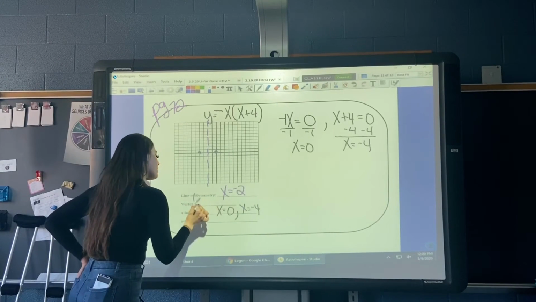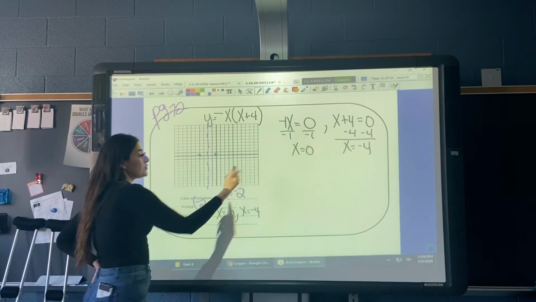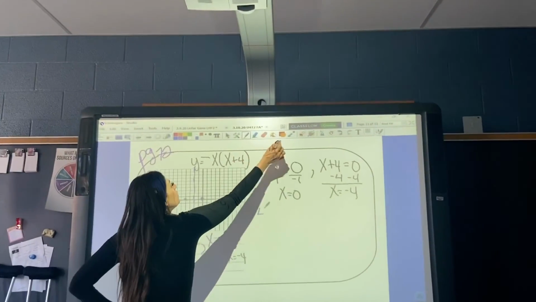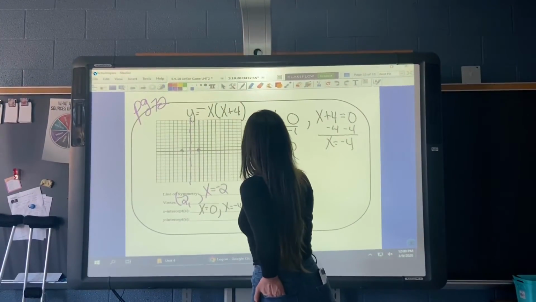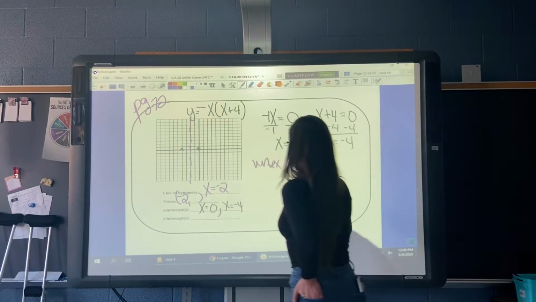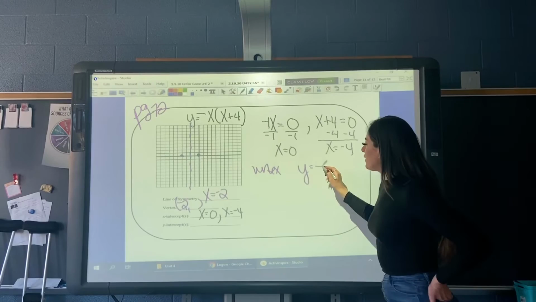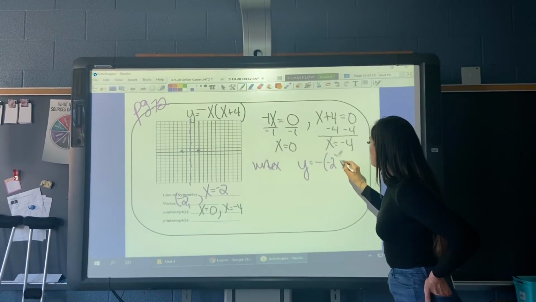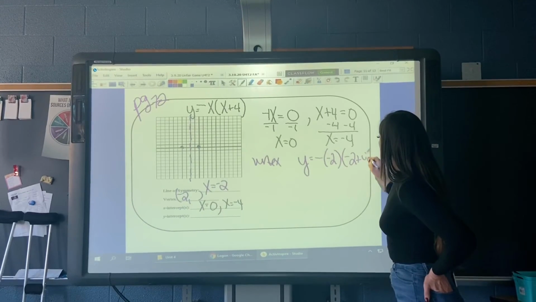I already know that my vertex has to be -2, comma, something else. So I'm gonna substitute that in for my vertex. Y equals negative (-2) times (-2 plus 4).